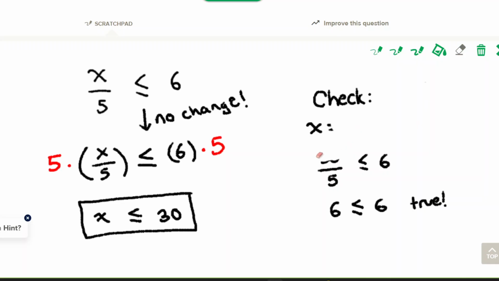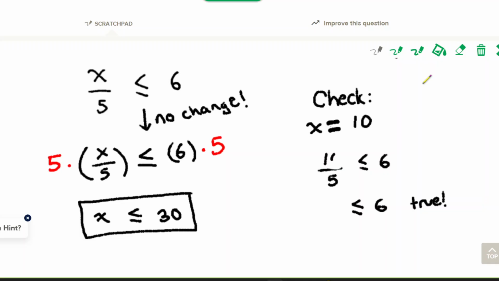Let's check a different value. Something else less than 30, like say 10. How about 10? 10 is less than 30 or equal to 30, but it's less than 30.